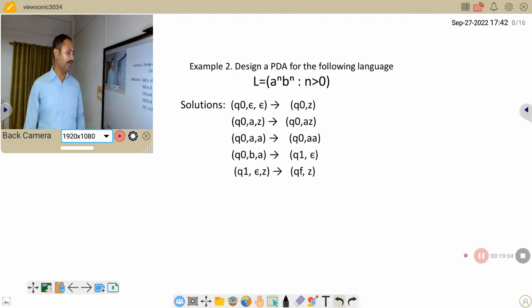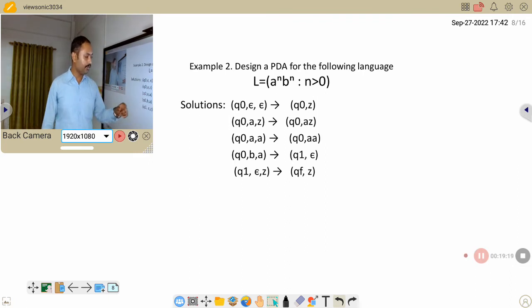Now what will happen if we want B after A? Again we have to delete them. For every A, the corresponding B, we have to delete them. So this transition will do this thing.